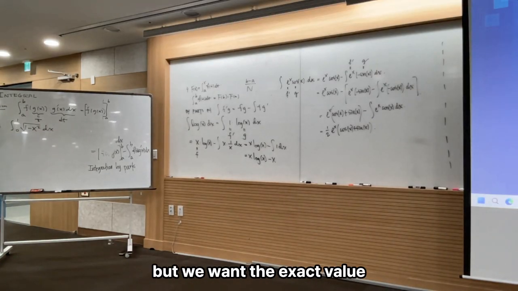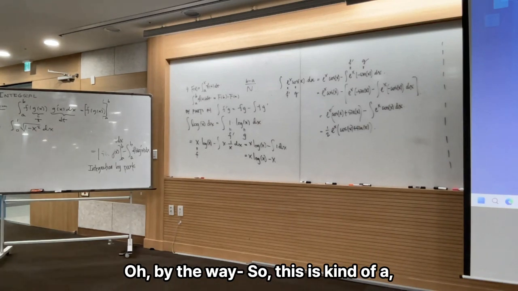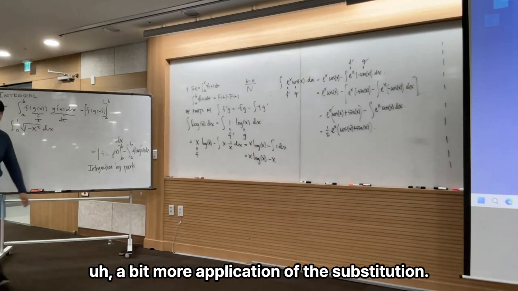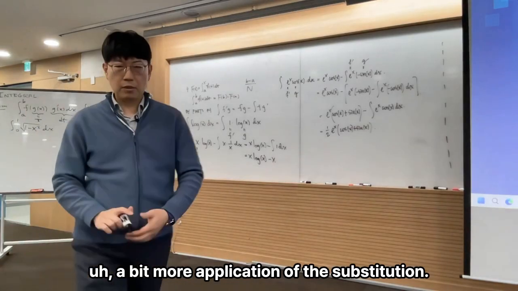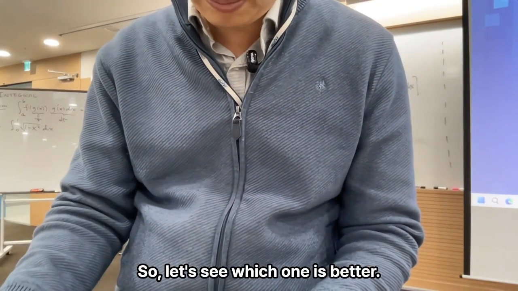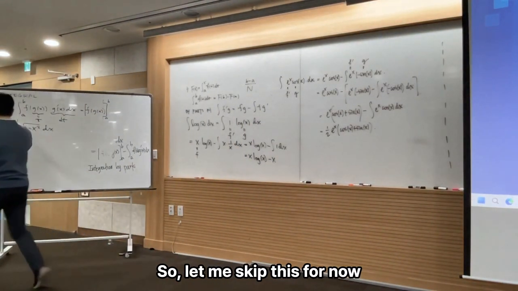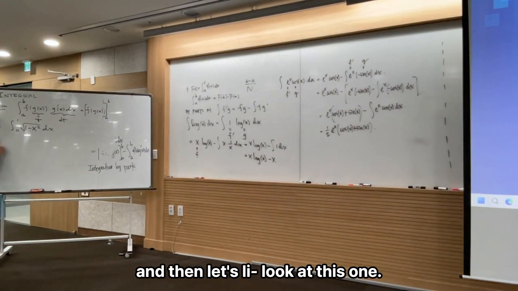But we want the exact value using this integration by substitution. Oh, by the way, this is a bit more of an application of substitution. So let's see which one is better. I think I have a better one. So let me skip this for now and let's look at this one.